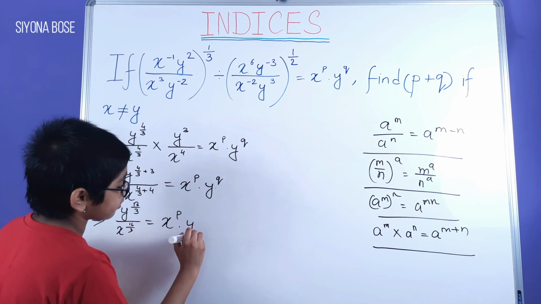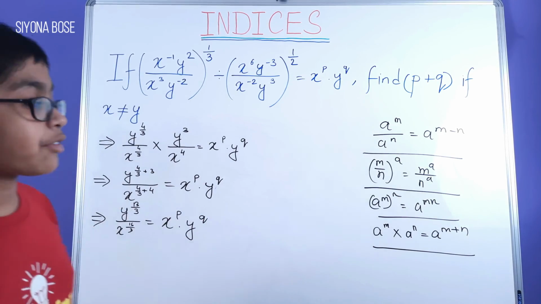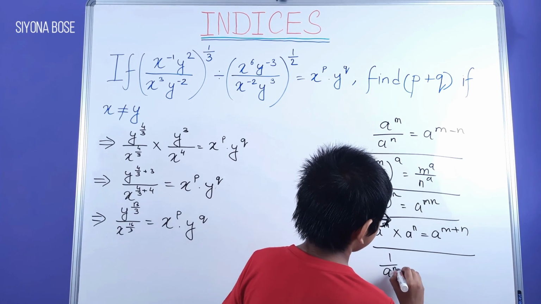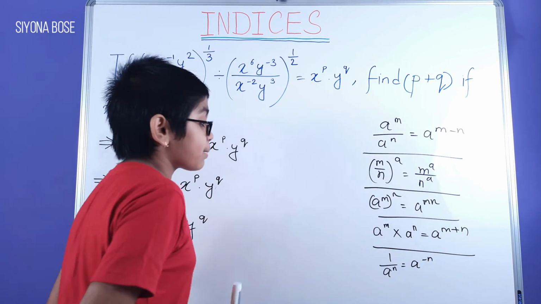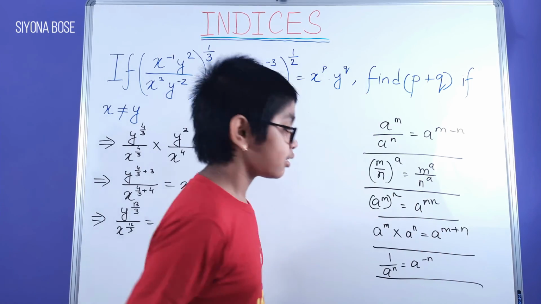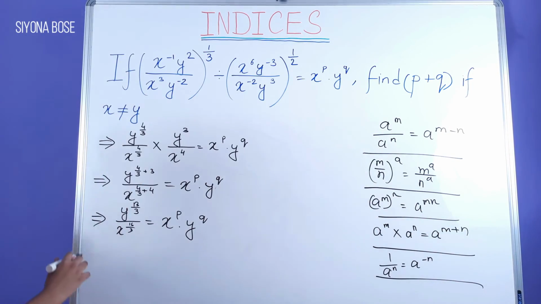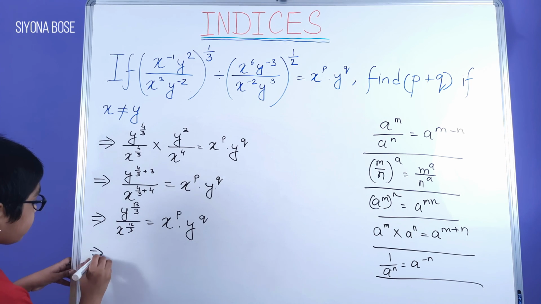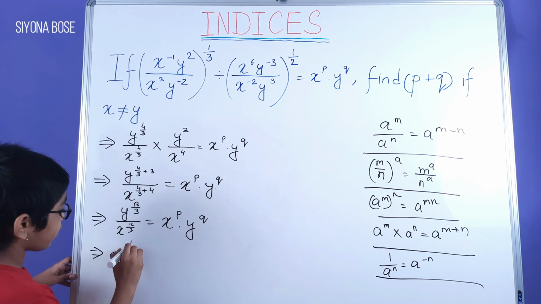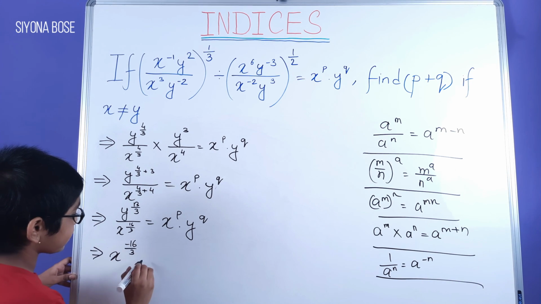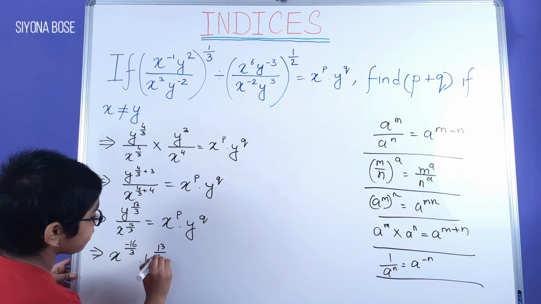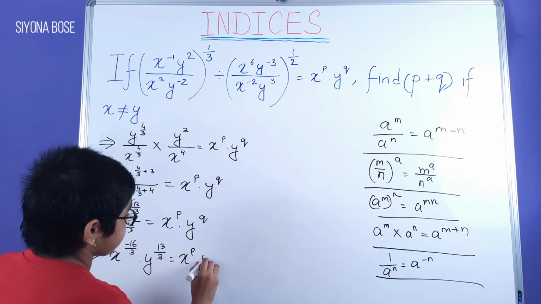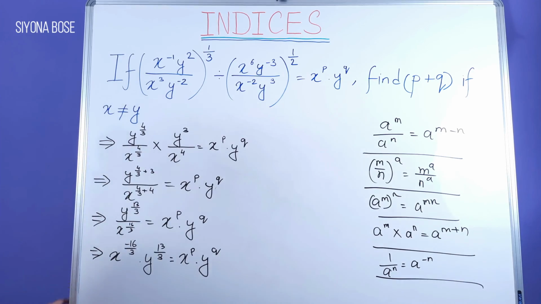Now again, we have to refer to another thing, which is 1 by h to the power of n is equal to h to the power of minus n. Over here also, we can apply the same thing to get x to the power of minus 16 by 3 into y to the power of 13 by 3, equal to x to the power of p into y to the power of q.